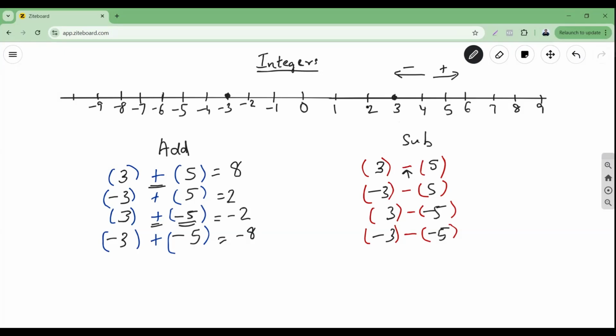When we do usual subtraction, like 7 minus 4, I start from 7 and go back to the left side 4 steps and get the answer. Similarly, I start from 3 and go left 5 steps. 1, 2, 3, 4, 5. So I get the answer as minus 2.